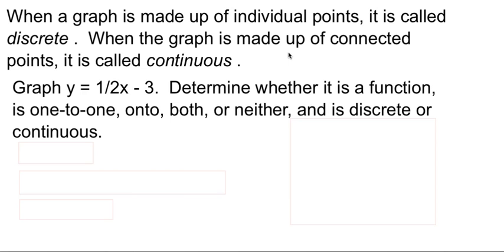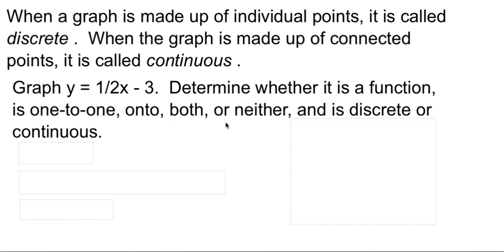So they're going to ask us to make a graph of y equals half x minus 3. They want us to determine whether we have a function or not, and then what kind of function if it is a function, and then is it discrete or is it continuous.